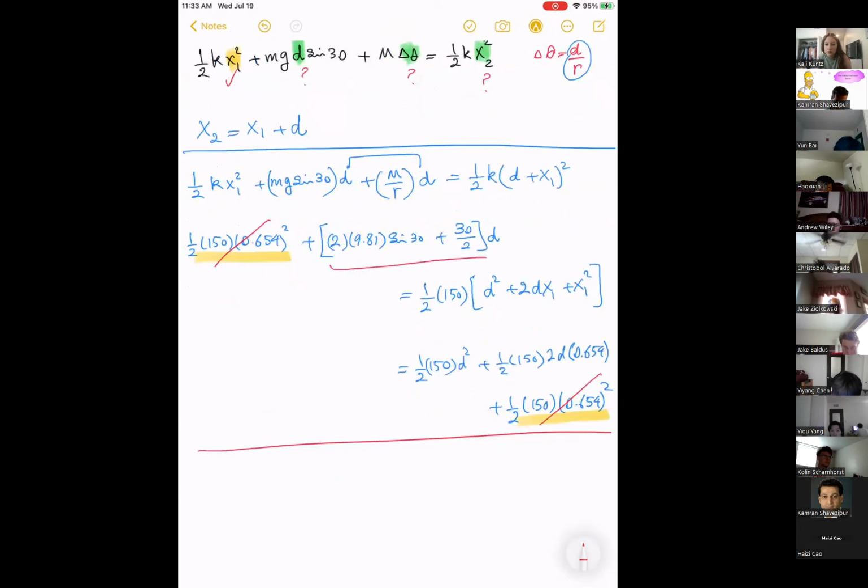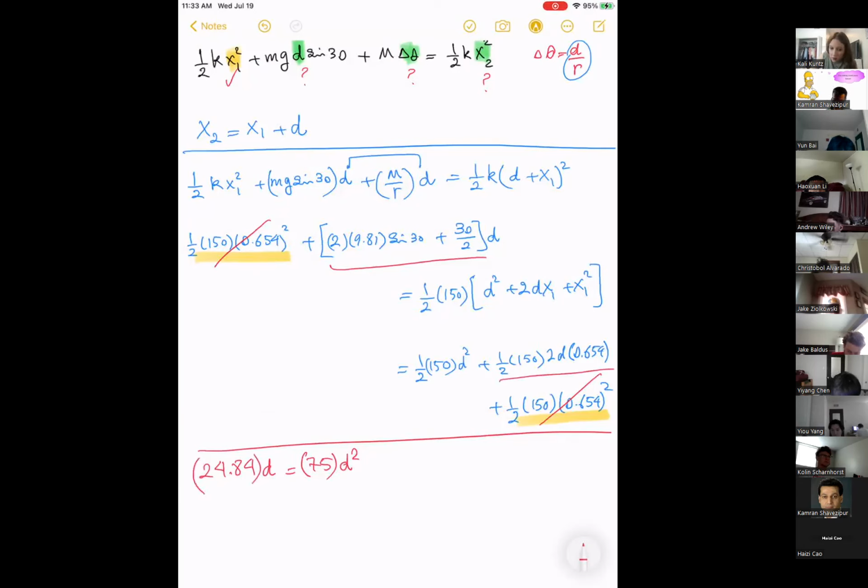This part, 9.81 plus 15. We're going to get 24.84D is equal to 75D squared.